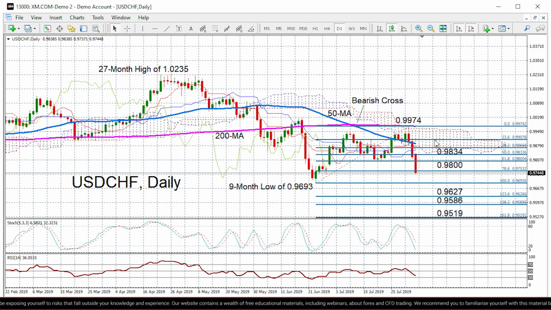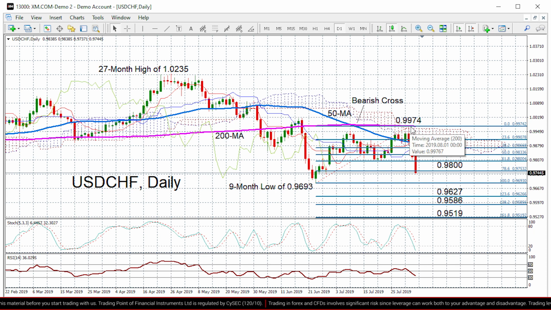But in order to see a convincing bullish signal, we would need to see dollar Swiss franc make a successful attempt at overcoming the July top of 0.9974, and that's also exactly where the 200-day moving average currently is.